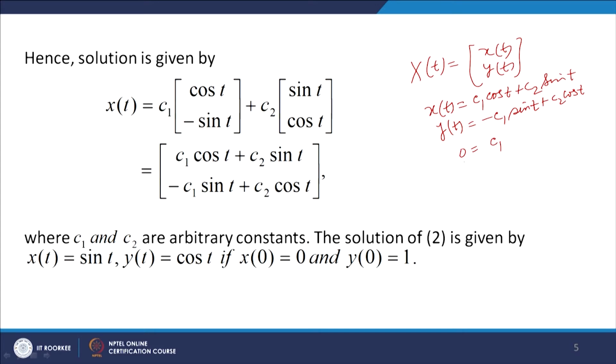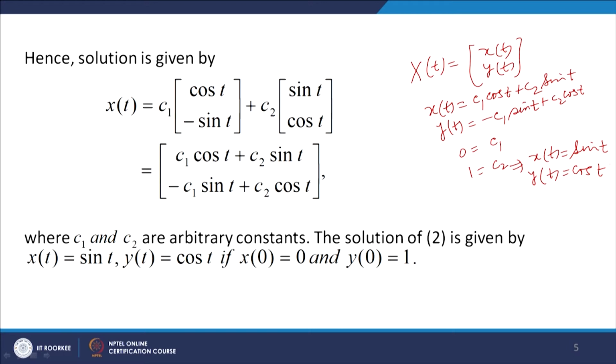So, C1 is equal to 0 and y(0) = 1. So, 1 = -C1 times 0 + C2. So, we have C2 equal to 1, and therefore if we put x(0) = 0 and y(0) = 1, then x(t) will be equal to sin t and y(t) will be equal to cos t.